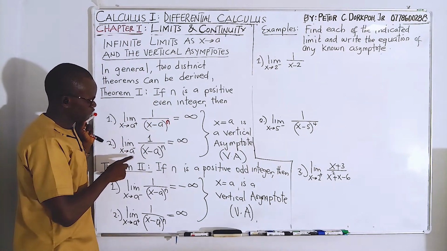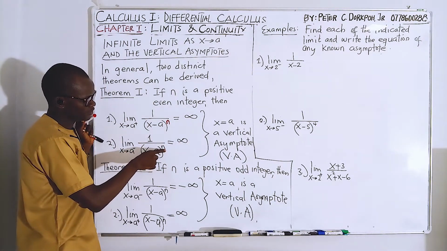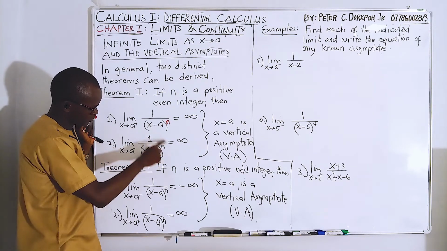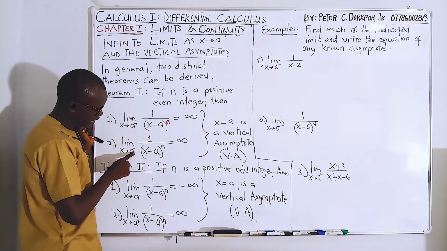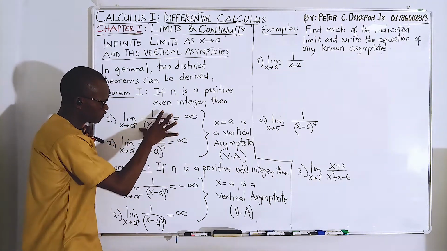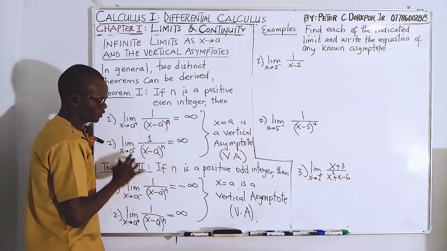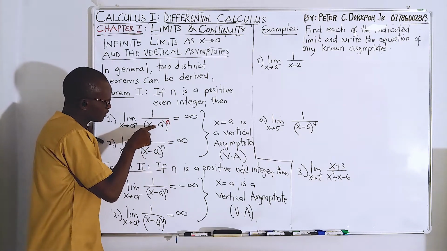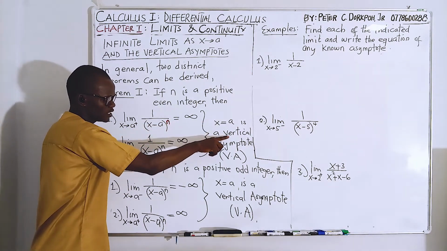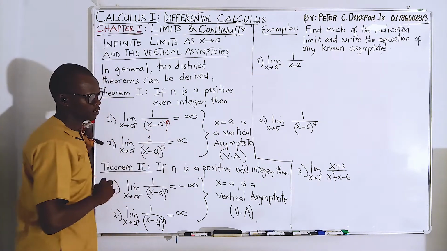Likewise, if n is a positive even integer, the limit of this same function as x approaches a from the left is equal to positive infinity. So both of them will be positive infinity. And then x minus a equals 0, that is x equals a, is referred to as our vertical asymptote.